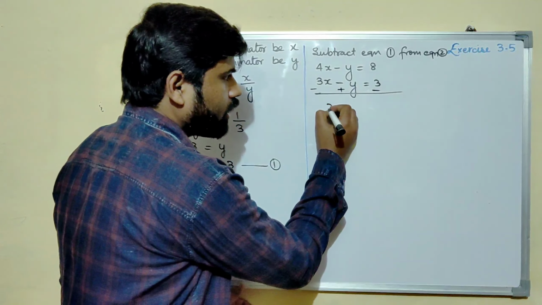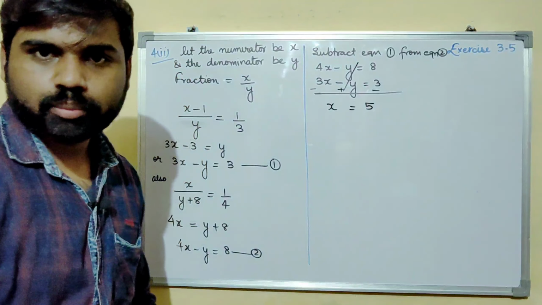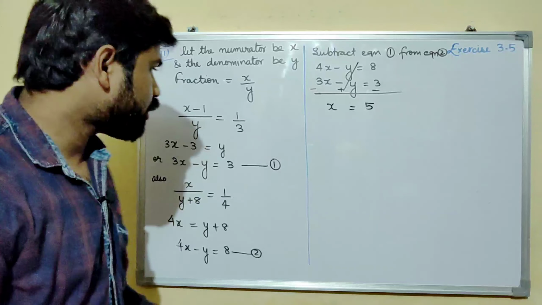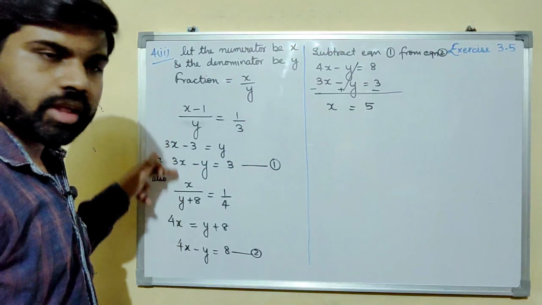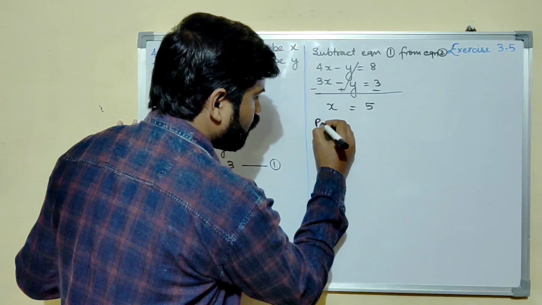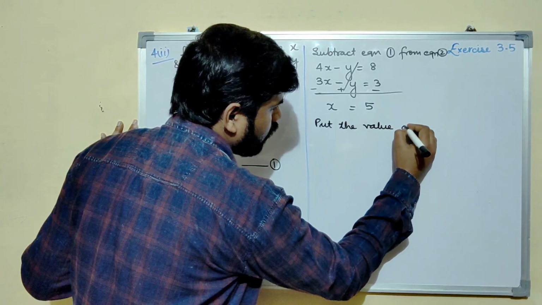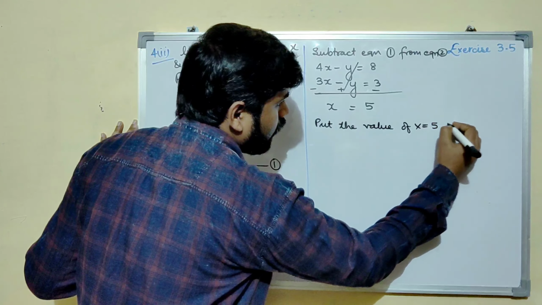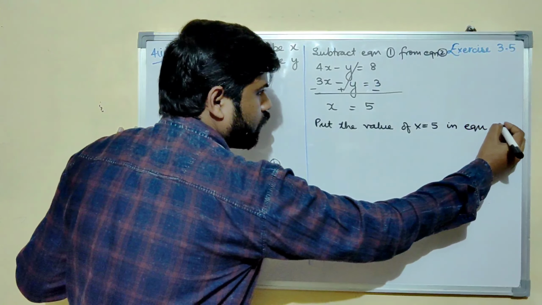4x minus 3x is x and y will be cancelled. You will get 8 minus 3 is 5. Simply you have got the value of x. Now substitute the value of x, 5, in any of the equations. So put x equals 5 in equation 1.